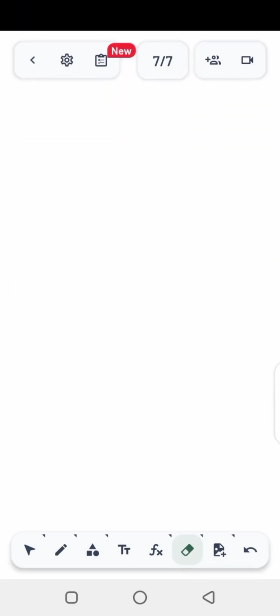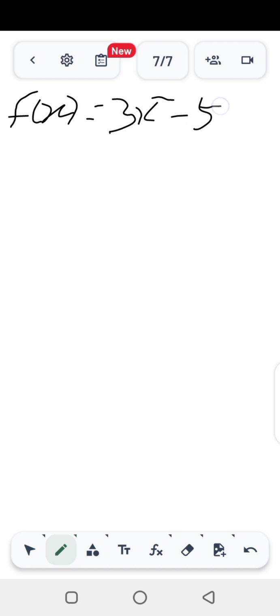Thank you. Question number 4. A function f is defined as f of x equals 3x squared minus 5x, and we want to evaluate f of minus 3. So f of minus 3 will be equal to, where you see x in a function, you replace it with minus 3.